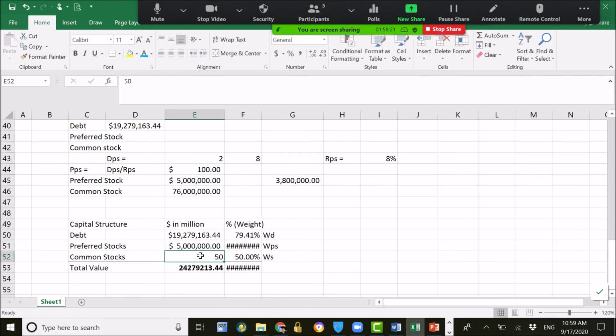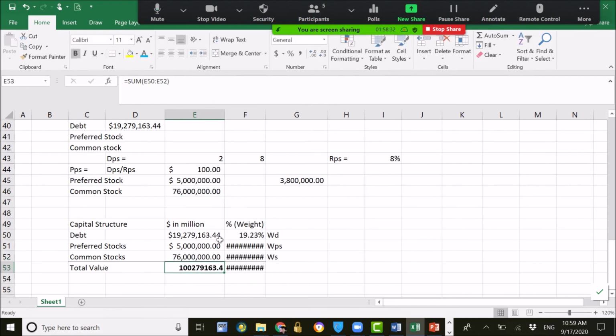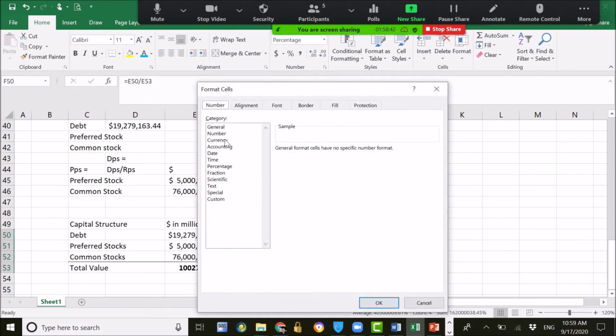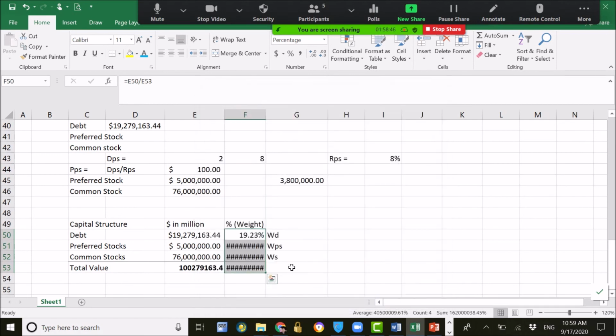And then we have common stock equal to $76 million. Okay, so what did we get here?